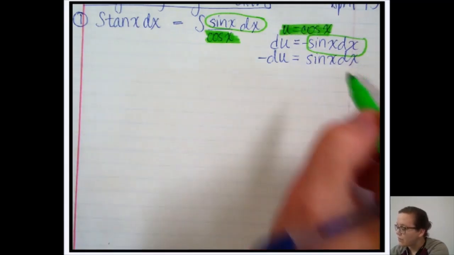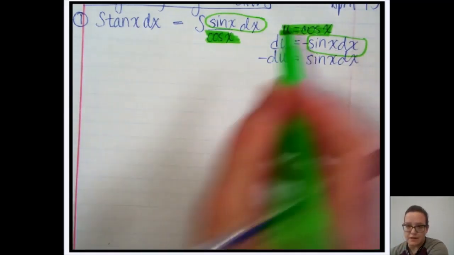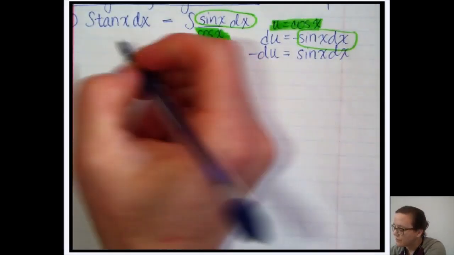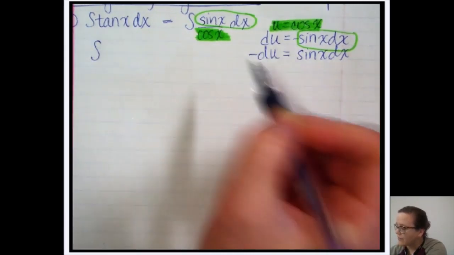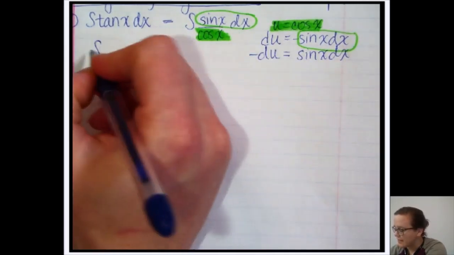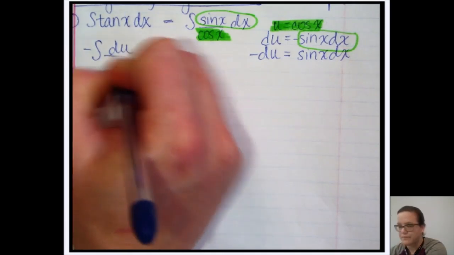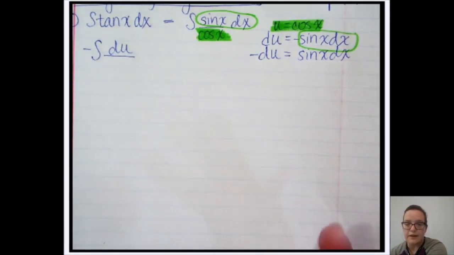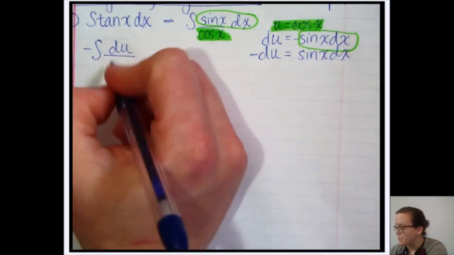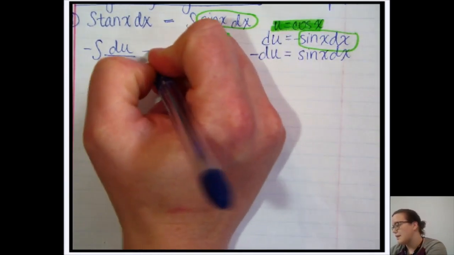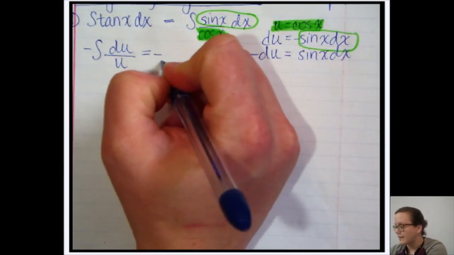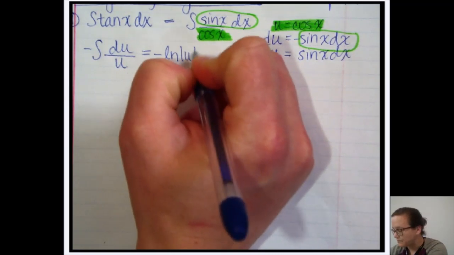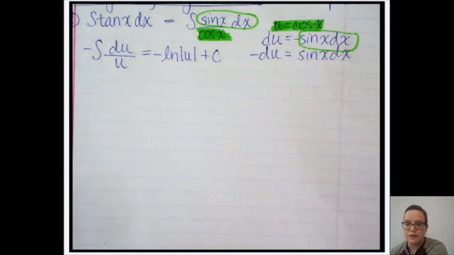Okay, so now we can replace everything in here or do our change of variables. So now sine of x dx is just negative du. Okay, and I just put that negative to the outside. And then we have u on the bottom. And if you recall, that gives us negative natural log of u plus c.